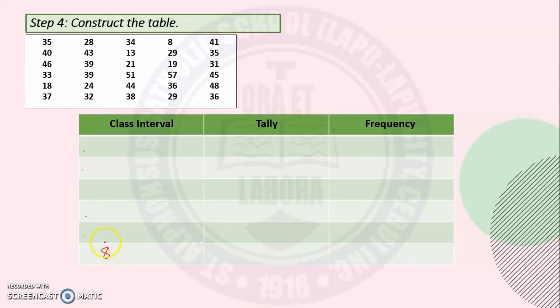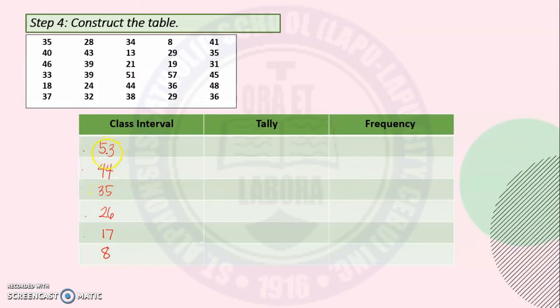So 8 plus 9 is 17. 17 plus 9 is 26. 26 plus 9 is 35. 35 plus 9 is 44. And 44 plus 9 is 53. So we now have our lower limits: 8, 17, 26, 35, 44, and 53.